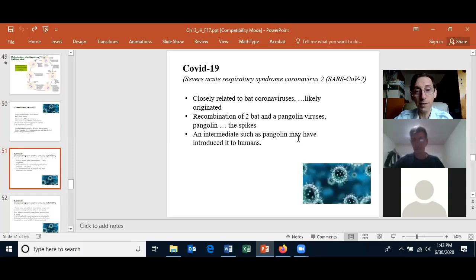It appears to be 3 coronaviruses that replicated, 2 from the bat and 1 from the pangolin.